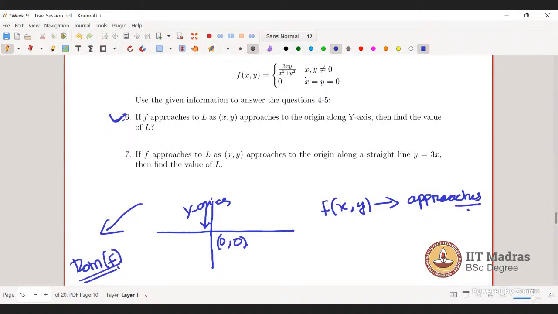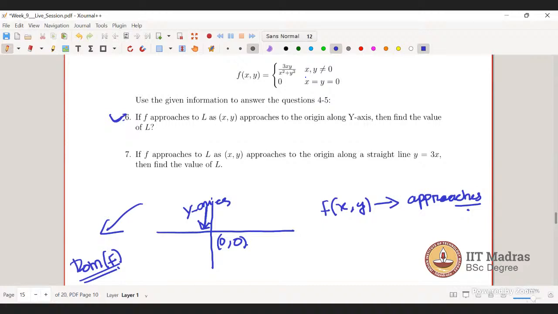Okay. Here L is the limit? No, L is the limit when you are coming to origin along y-axis.